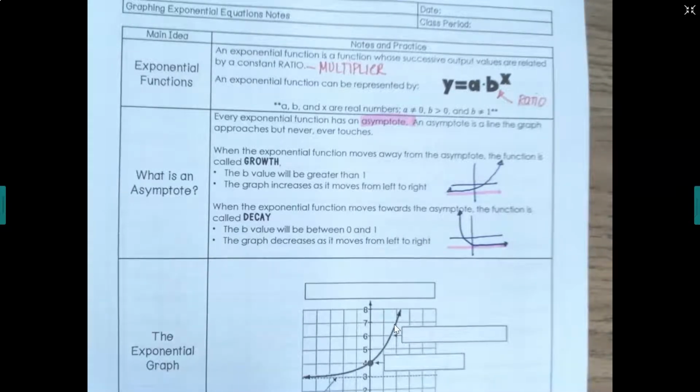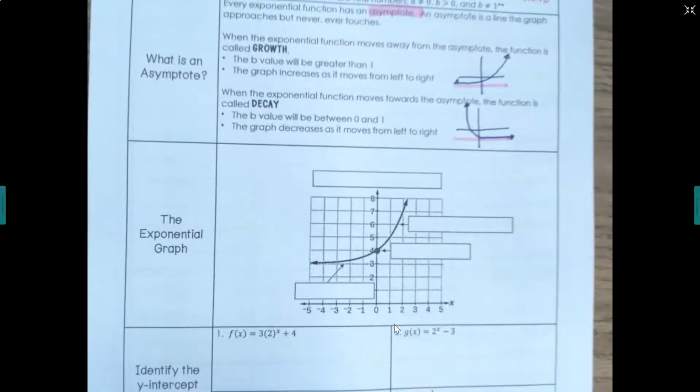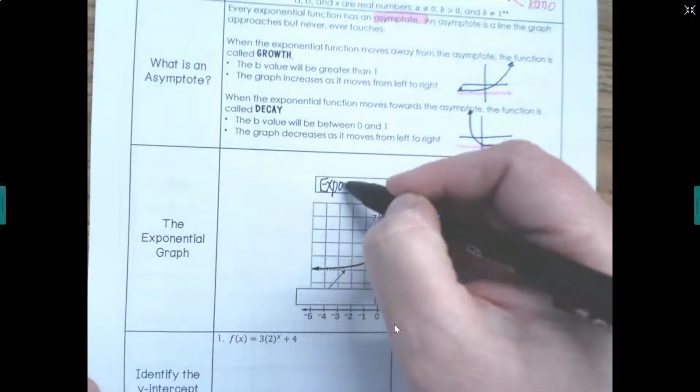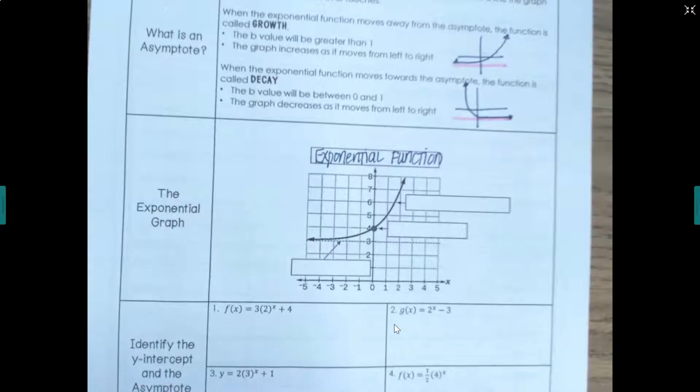All right, now let's label a couple important things for our exponential graph. The overall thing that we're talking about are exponential functions, so we'll write in exponential function. We have graphed so far in Algebra 1, we have graphed lines.